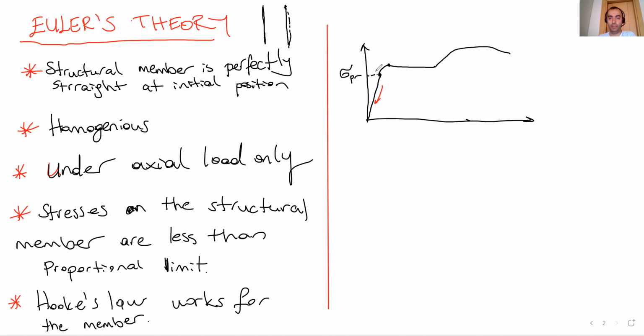If our stress is less than proportional limit, that means we are in elastic region. So it's linear, and this portion is linear elastic because it's like a line. Remember Hooke's law, sigma equals E times epsilon.